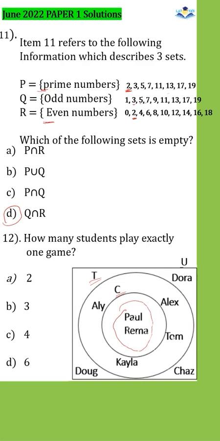So they play 2 games. All right. So the students that play exactly one game are the students who play chess, and that's going to be Alex, Tom, Kayla, and Ali. The answer for number 12 is going to be 4. 4 students play exactly one game.